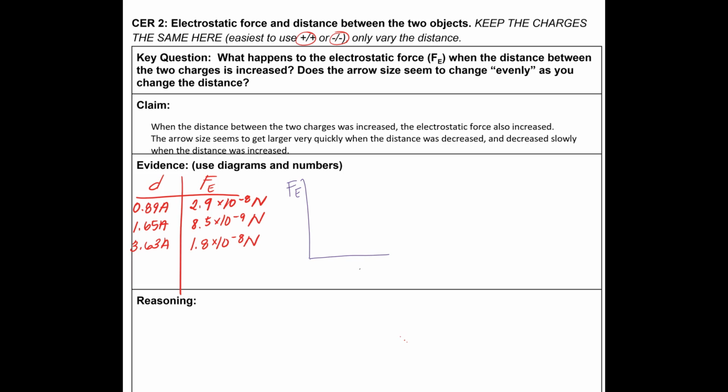And then on our x-axis we had our distance using angstroms. Okay? And our force is always in newtons. And so we started to see a graph shape that looked like this. Now this is not linear. Okay, so there's a curve, and I'm just going to tell you what it is. It's an inverse.